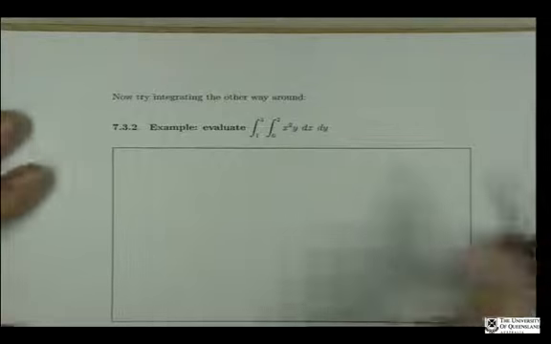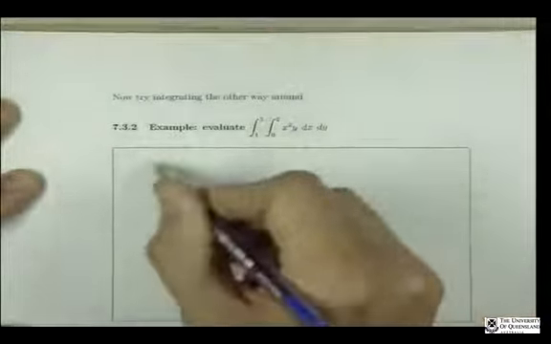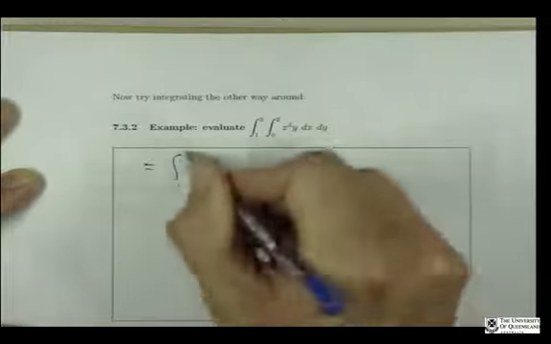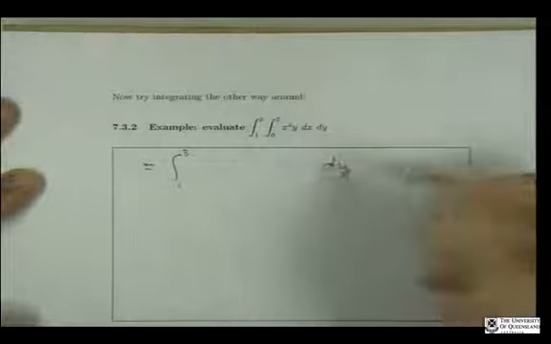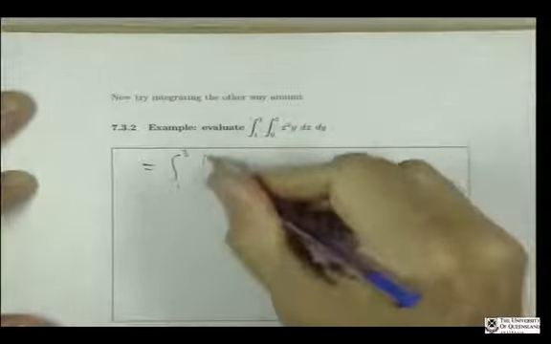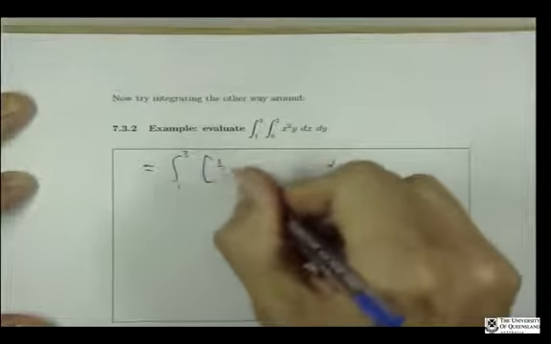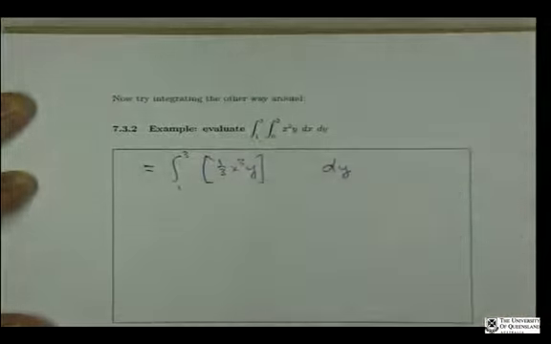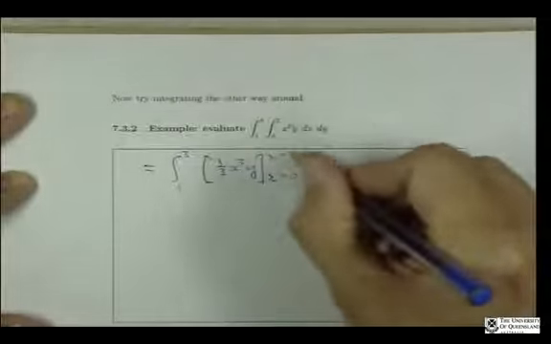All right, so working from the inside out, this is going to be equal to the integral with respect to y from 1 to 3. So that first integral with respect to x, this entire calculation is all happening inside the integrand with respect to y. Okay, so integrating this with respect to x, we end up with 1/3 x cubed y, evaluated from x equals 0 to x equals 2.